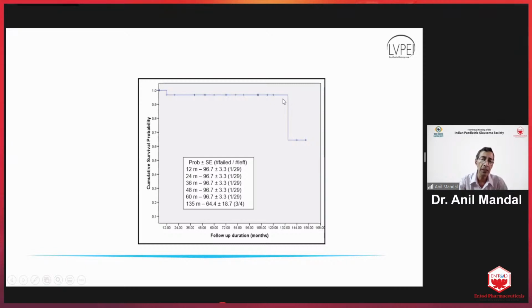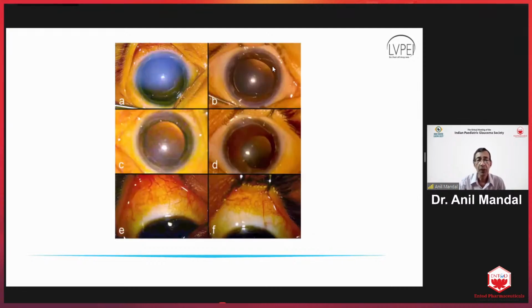Compared to primary congenital glaucoma, combined trabeculotomy and trabeculectomy results versus the similar surgery in Axenfeld-Rieger anomaly, my impression is some of the patients will require anti-glaucoma medication supplementation to have good pressure control. These are the photographs included in the paper, right eye and left eye preoperative versus postoperative appearance, and the bleb appearance you can see here.